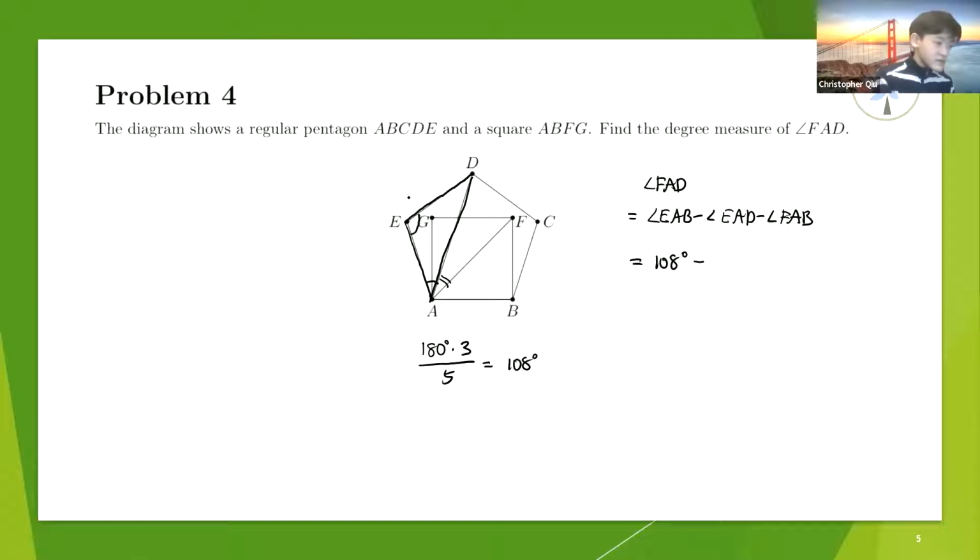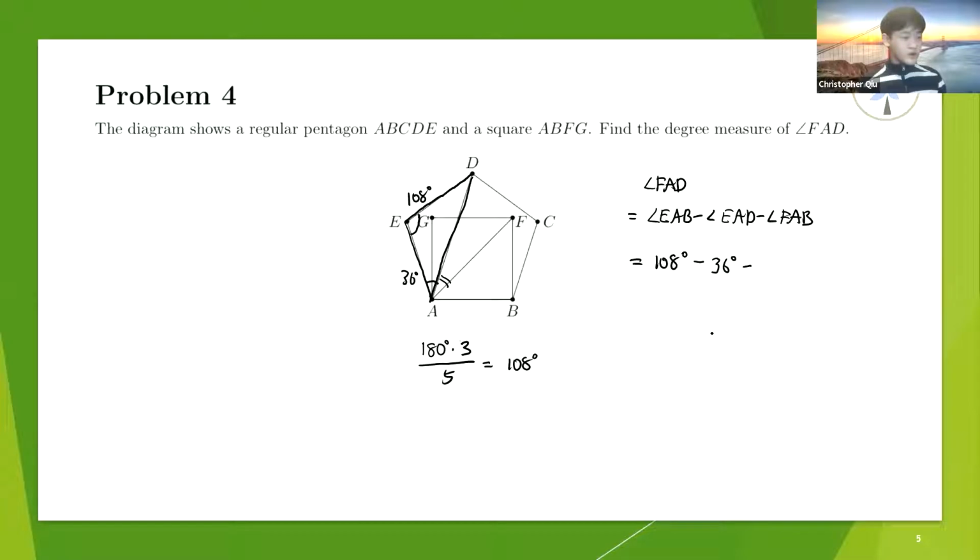And we've just seen that this angle is equal to 108 degrees. And then, since this triangle DEA is isosceles, we can find out that EAD, this angle, is 36 degrees. And that's because we're taking 180 minus 108 all over 2, which gives 36 degrees. So angle EAD measures 36 degrees.